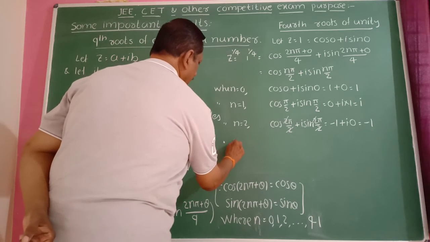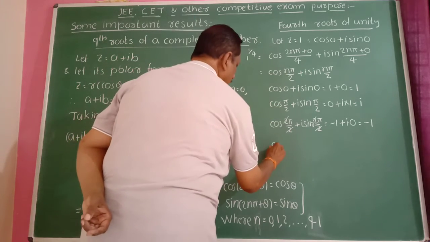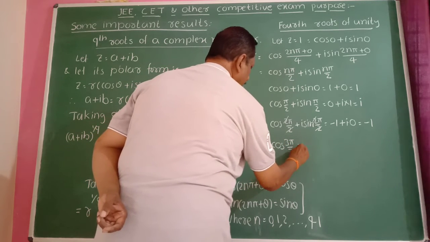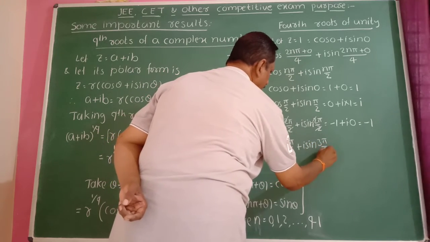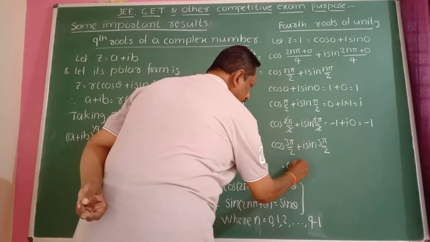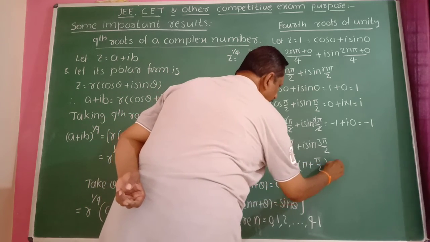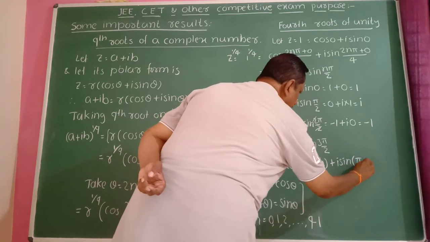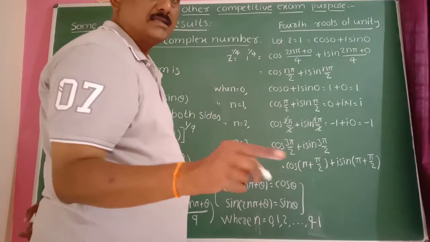When n is equal to 3, put n value 3: cos of 3π divided by 2 plus i sin of 3π divided by 2. So 3π by 2 is cos of π plus π by 2 plus i sin of π plus π by 2. π plus means it comes in the third quadrant.